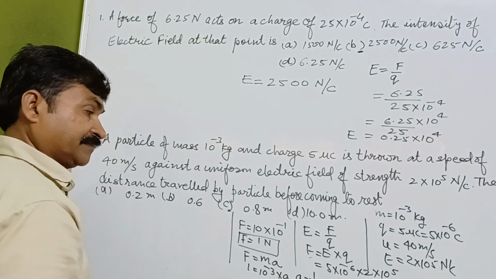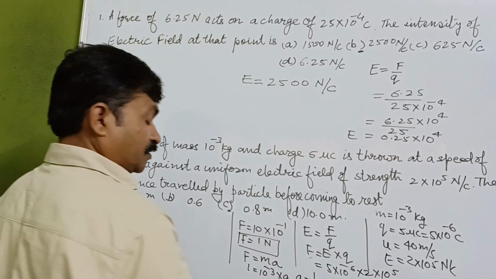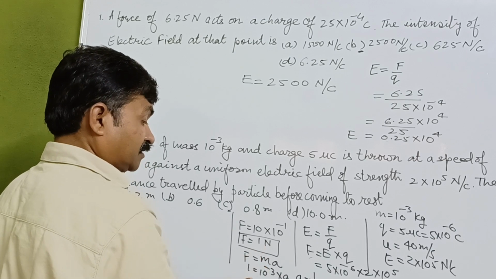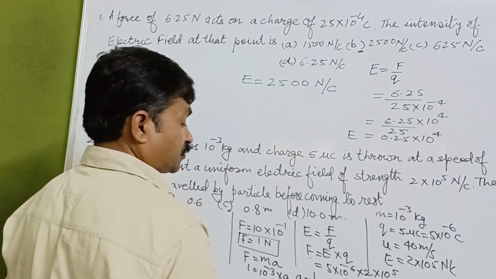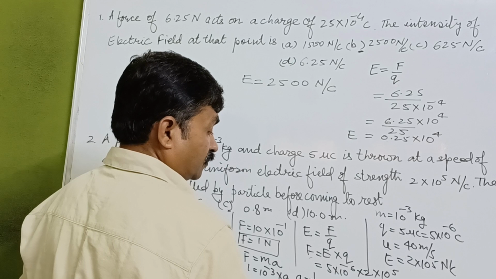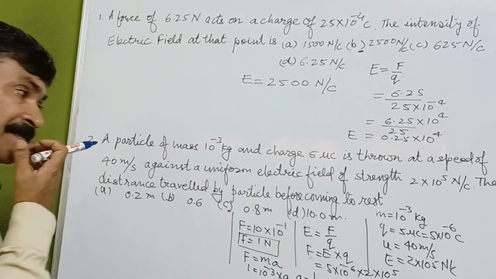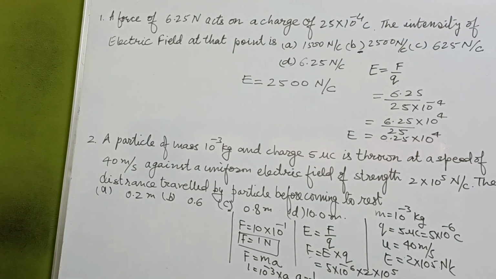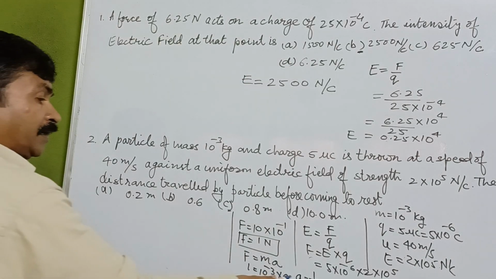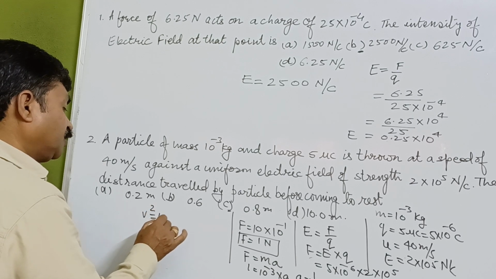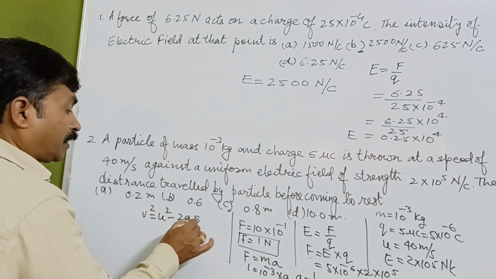The force is 1 Newton and the mass is 10^-3, so the acceleration is 1000 meter per second squared. Now we know that V squared is equal to U squared minus 2AS.